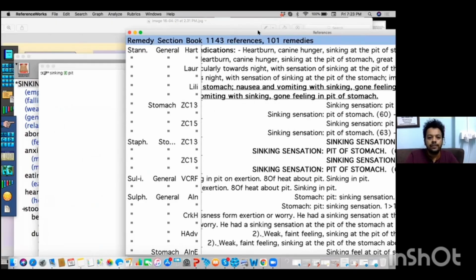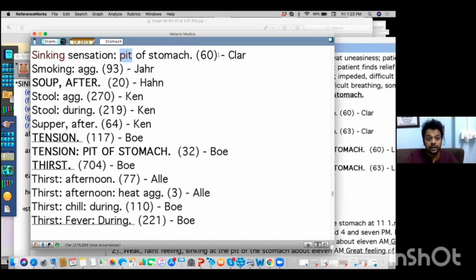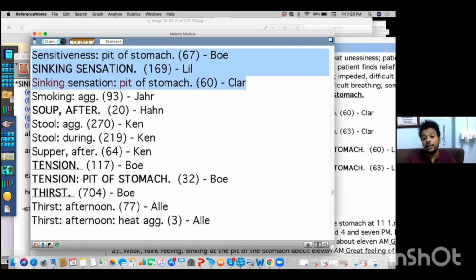It was a difficult case of diabetes, which really improved on the remedy Stannum metallicum. The main symptom was the sinking sensation. So strange, no? There is no relation of diabetes and sinking sensation, only in the pit of the stomach. And it was a beautiful case of Stannum metallicum.